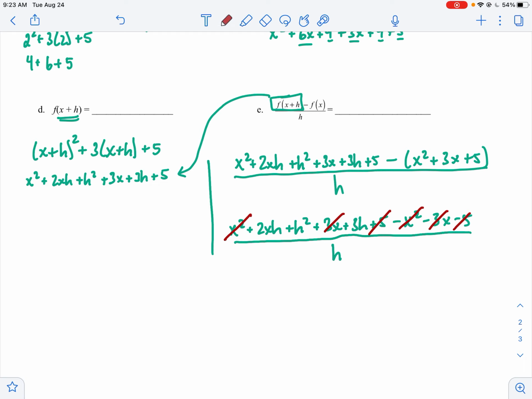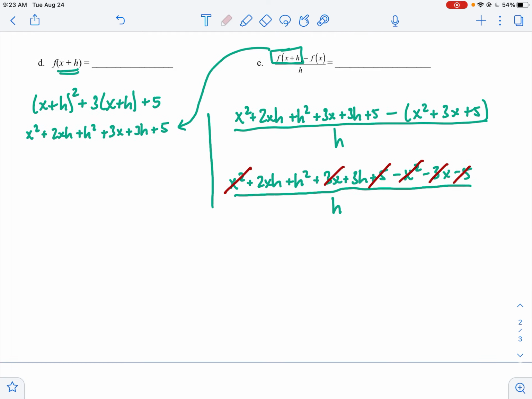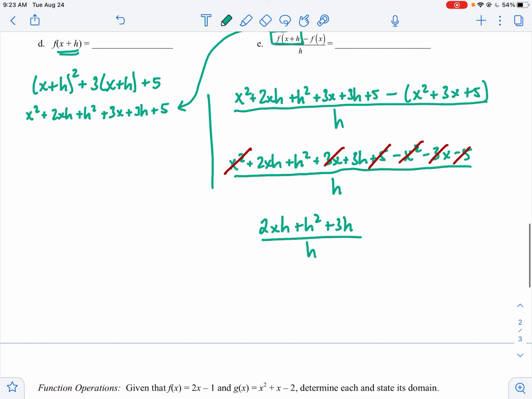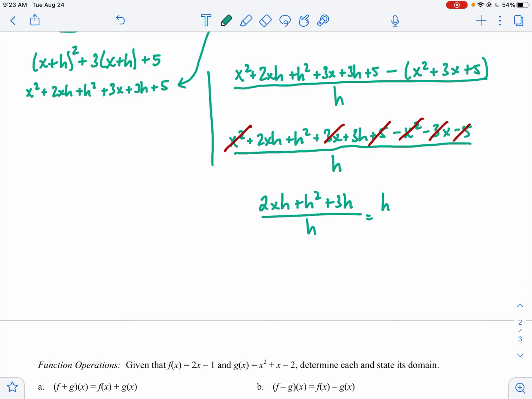And so up here at the top, I can factor out an h. Let me rewrite what's left: 2xh plus h squared plus 3h all over h. If I factor out an h, I'd be left with 2x plus h plus 3 all over h, right? Those cancel out. And so my final answer is just 2x plus h plus 3.